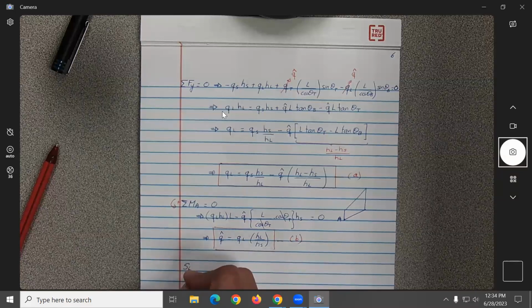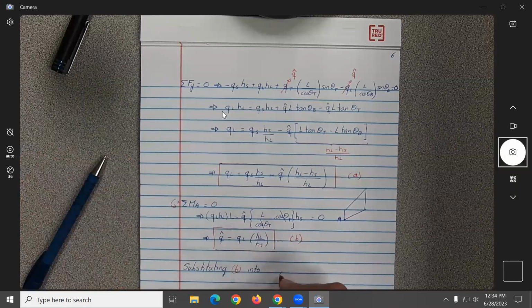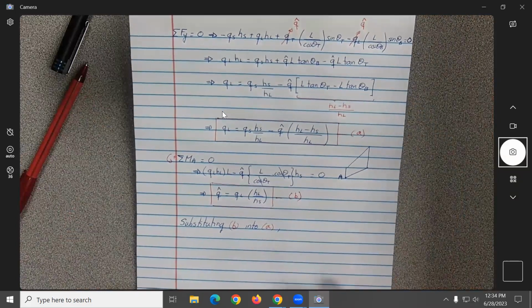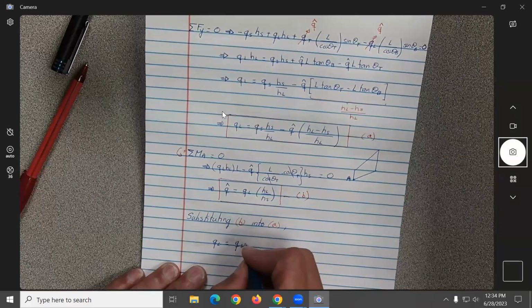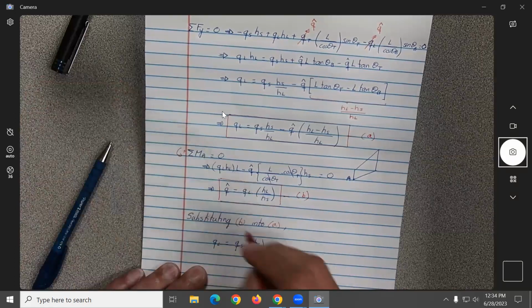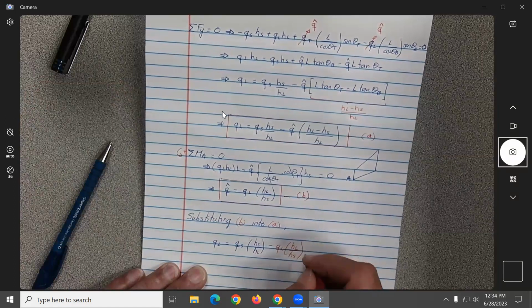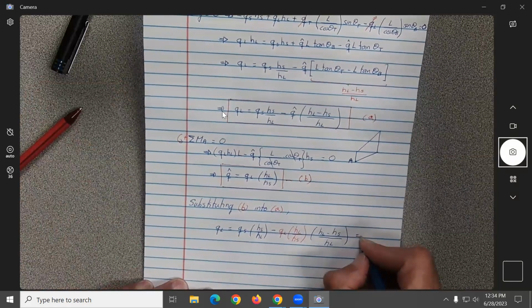Next, we say substituting B into A. So this will give you Q sub L will be equal to Q sub S H sub short H sub long minus Q sub L H sub L H sub short, HL minus HS divided by HL, equal to 0.